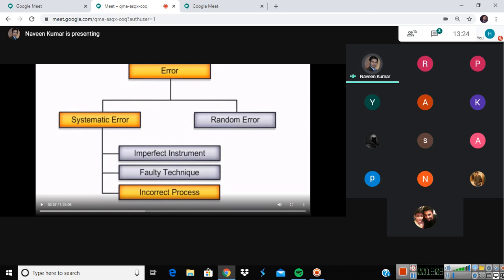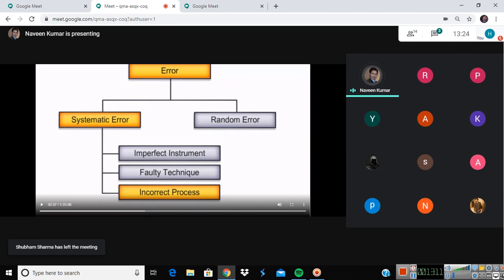Now, imperfect instrument means there is an error included in the instrument itself. For example, to determine the temperature of the human body, we need to place the thermometer in our mouth. In another case, we are measuring weight, but before putting the weight on the weighing machine, that machine is giving a reading of 0.1 gram.